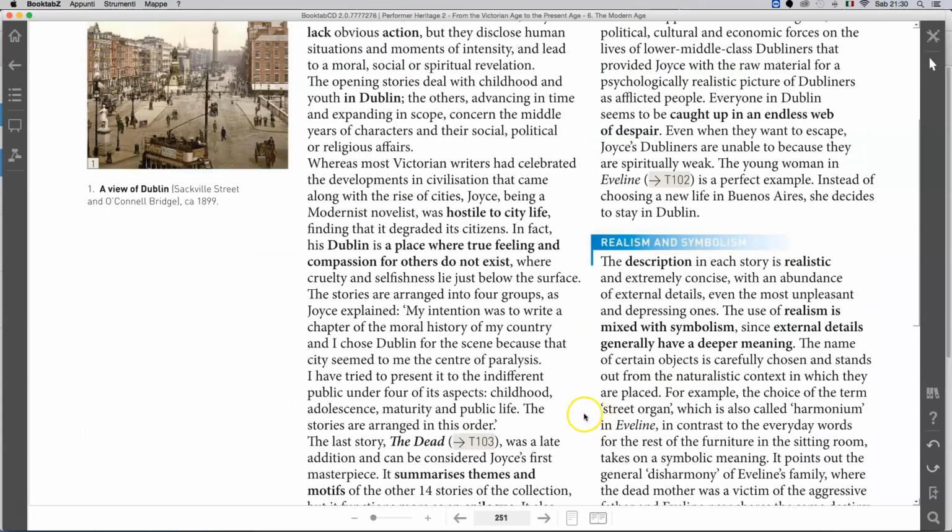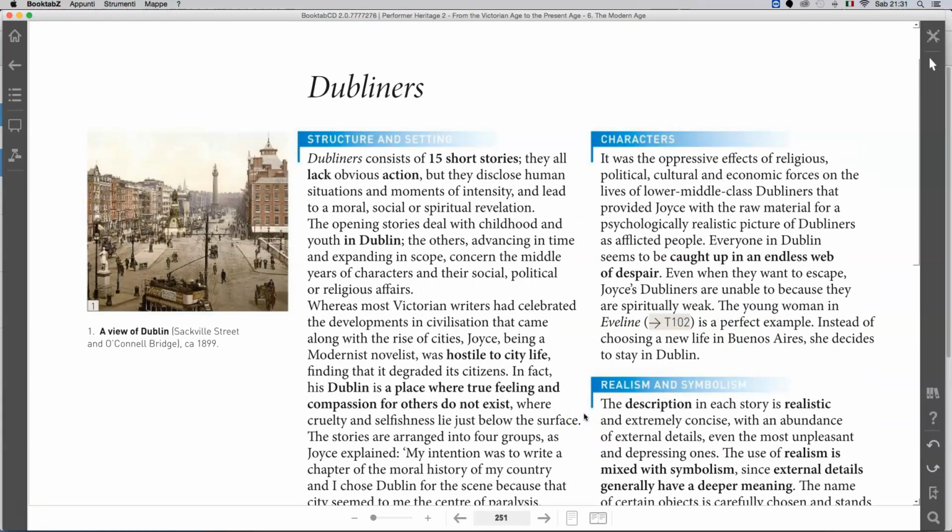The structure and the setting of this work. Dubliners consists of 15 short stories, and all these short stories lack an obvious action.